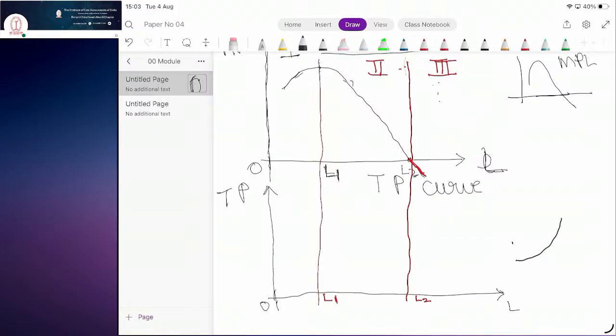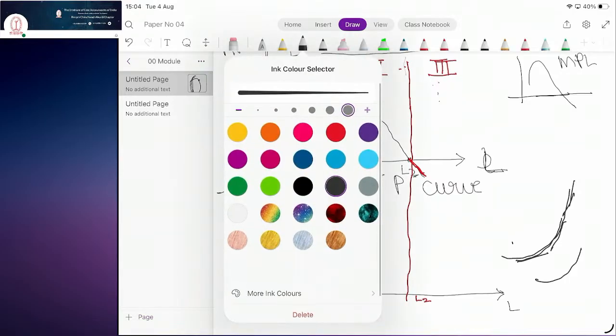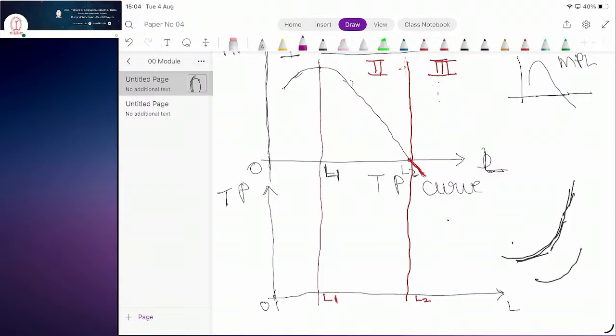It's like this. If you see here, the slope of this line is increasing continuously. So draw a graph like this for the first part. Let me change the color and draw it here. Purple colored graph I'm drawing. It goes on like this. Did you all get this? It is steeply going up.